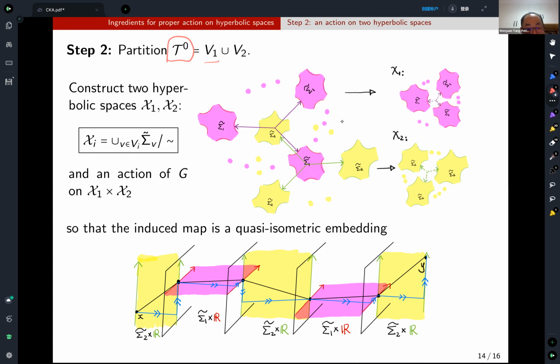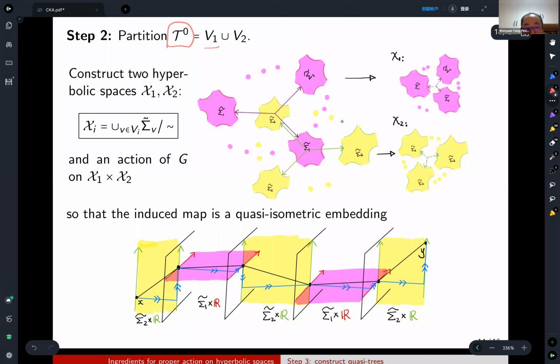In fact, this decomposes the spansel path into two paths, each path in the base hyperbolic surfaces. So this map is a quasi-isometric embedding.